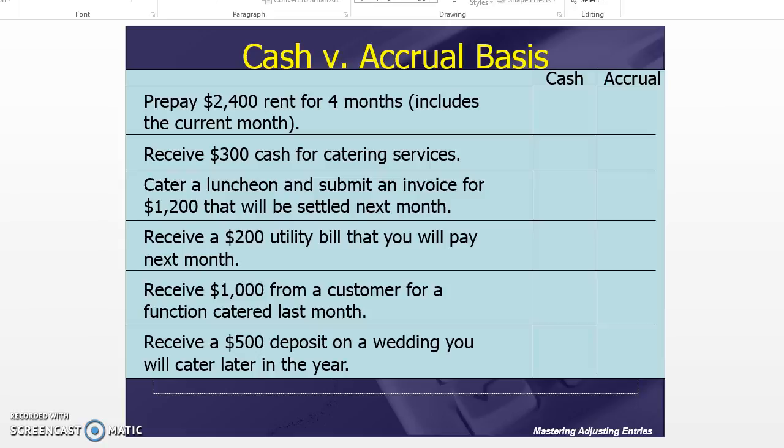Well, at the end of March, when we're going to put together our accounting reports, we have to account for 1 month of expense that has been incurred because we spent 1 month's time in the space we are renting. So under the accrual accounting method, we are going to include $600 of expenses. How do I get that? $2,400 rent for 4 months. That's $600 per month. 1 month's time has passed.